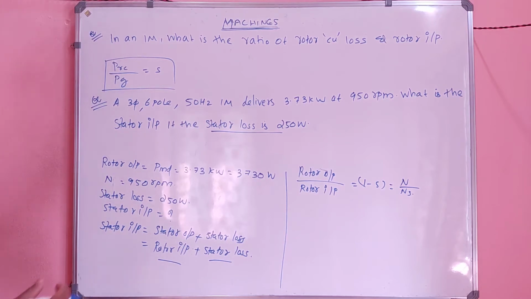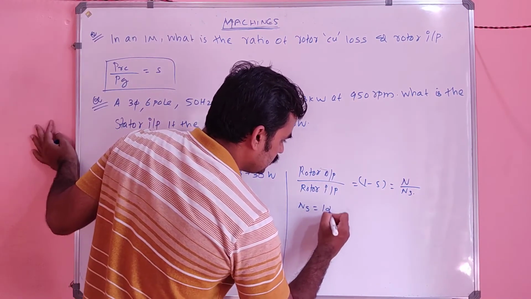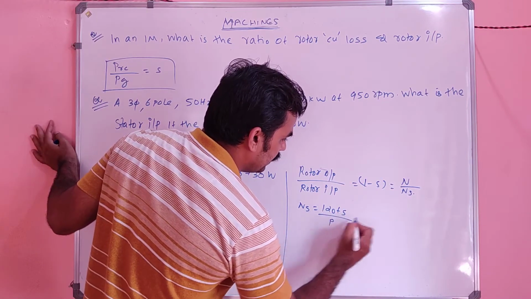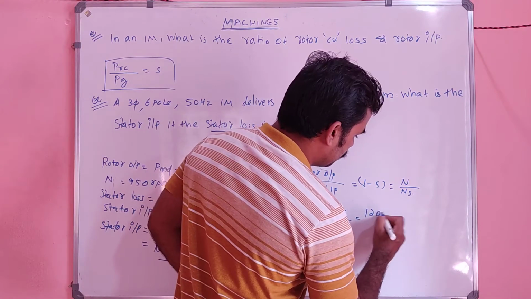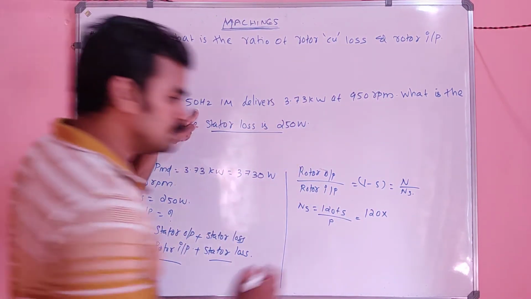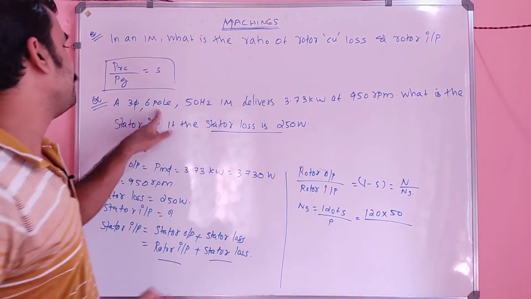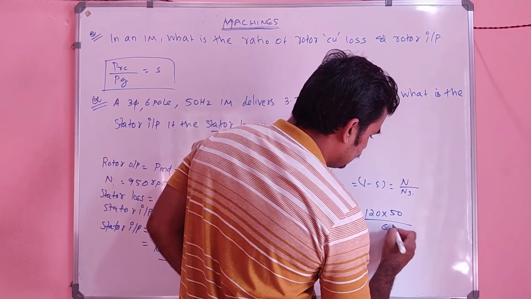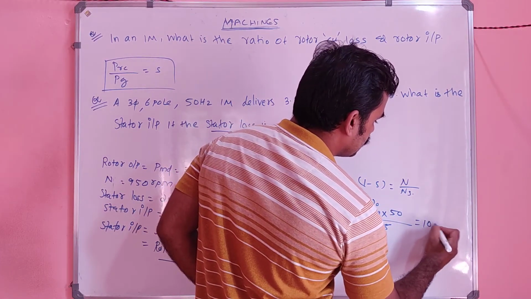What is N_s here? N_s is 120 F_s by P. F_s is the supply frequency, 50, divided by P, which is 6 poles. So 120 into 50 divided by 6 gives 1000 RPM.